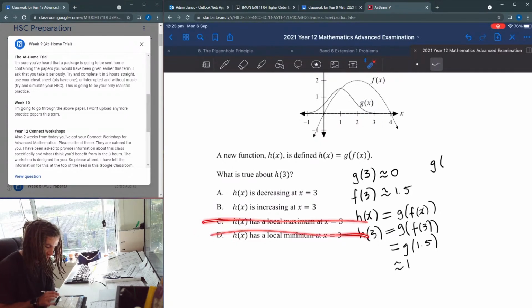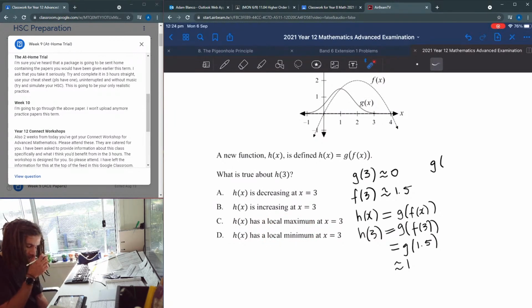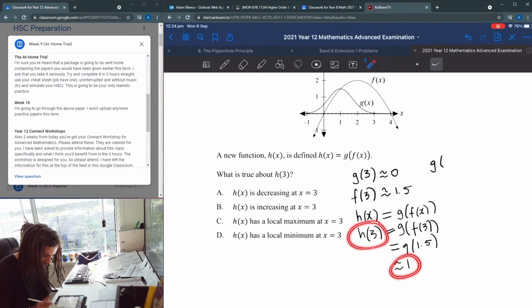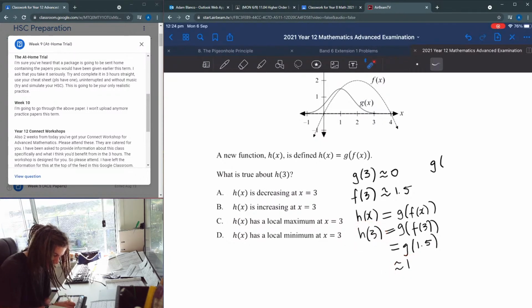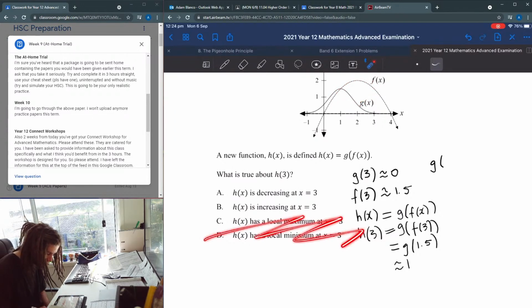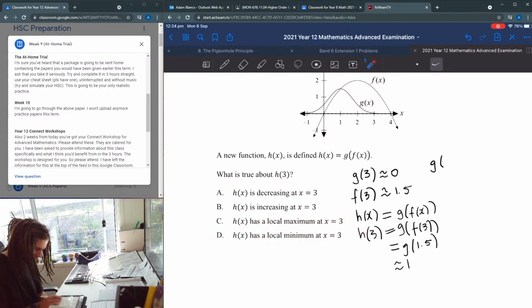It doesn't really make sense to consider the local maximum or local minimum given these two graphs. It's easier to determine whether they're increasing or decreasing. There's no stationary point. I've just identified that h of 3 is around about 1, and at this value there's no significance to either of the graphs. The maximum's here and there for each of them. There's no minimum, so it doesn't make sense to talk about maximums and minimums.